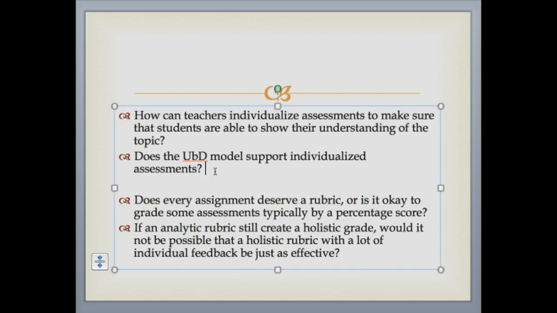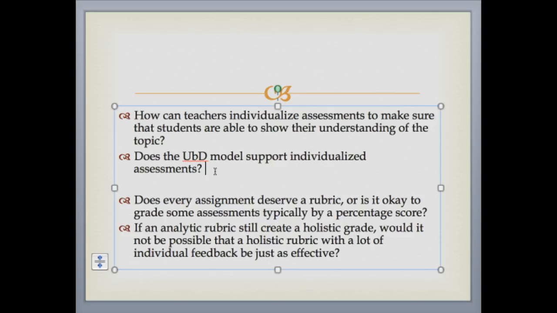And then this later question is about sort of the analytic rubric, holistic rubric debate. And Wiggins and McTighe do come down on the side of the analytic rubric, and I do understand their rationale for it. And I think it lines up well with their understanding by design framework. But there are a lot of people who also do holistic rubrics, and there's arguments for them as well.